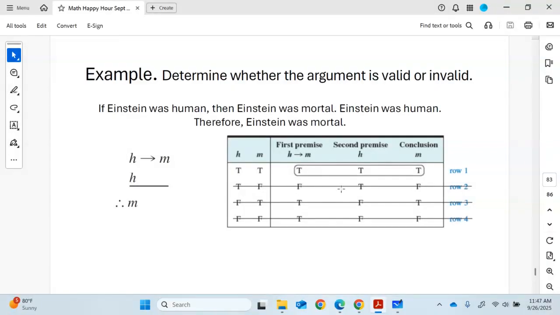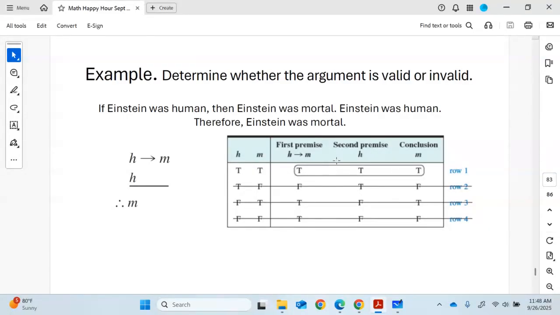So in this table, I've crossed out rows number 2, number 3, and number 4. So for the purpose of this example, those rows are not useful at all. In a sense, they don't really matter. Only my first row matters because this is the only row where I have my premises true.